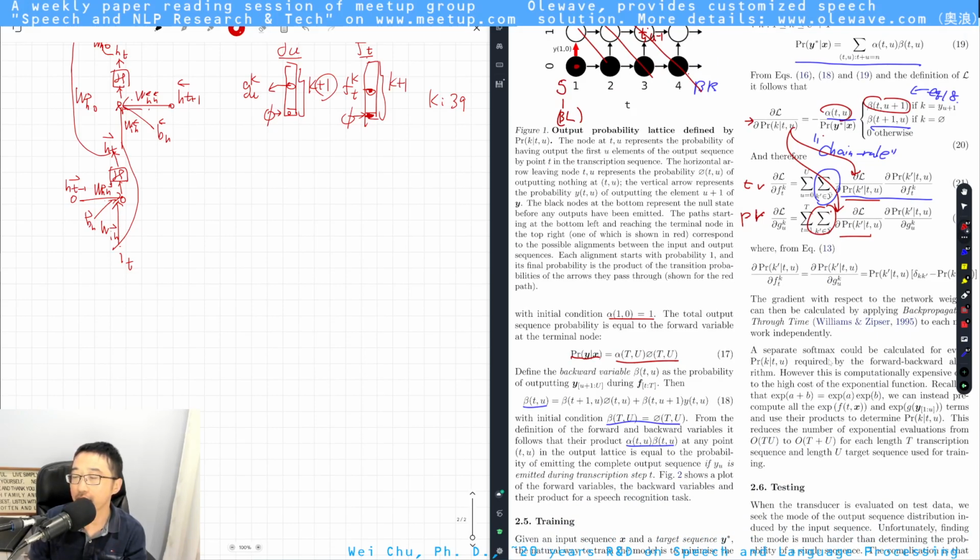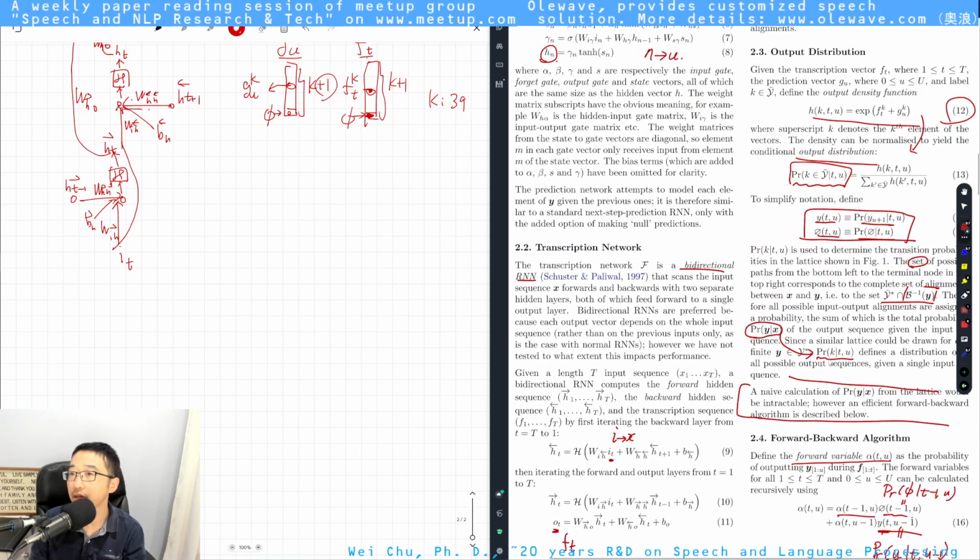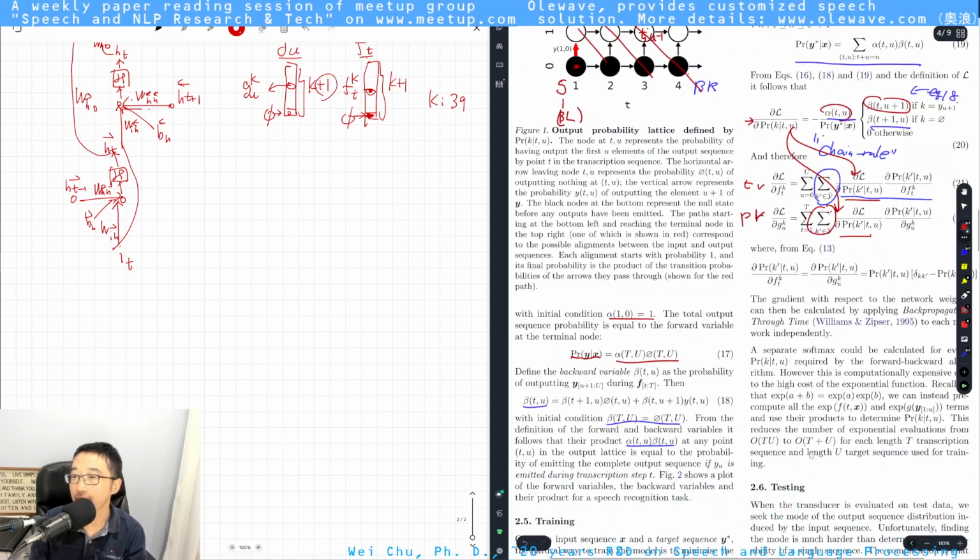Is that from equation 13? Am I wrong? I think it's equation 12. Oh, he's right. I'm wrong. It is equation 13. You go from equation 13, and then you can get this.